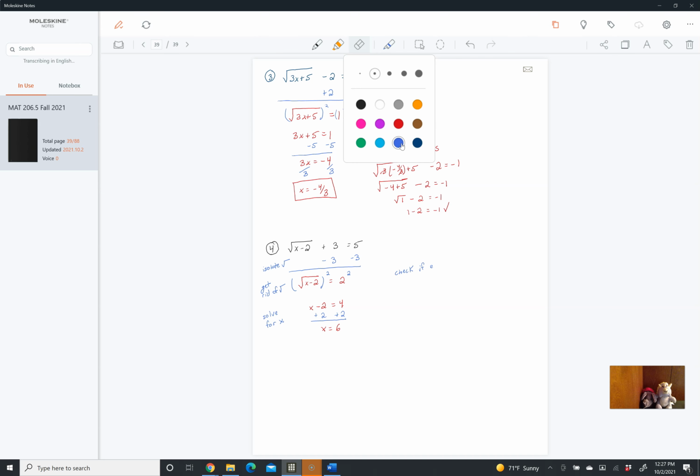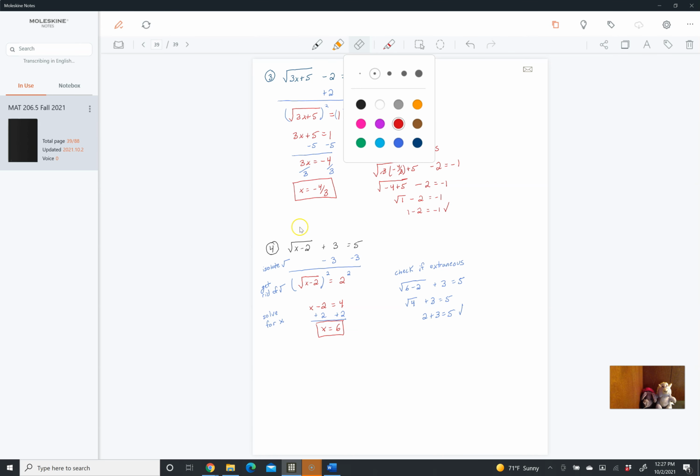We're going to check if it's extraneous. Square root of 6 minus 2 plus 3 is equal to 5. So square root of 4 plus 3 equals 5. 2 plus 3 is equal to 5. x equals 6 is a solution.